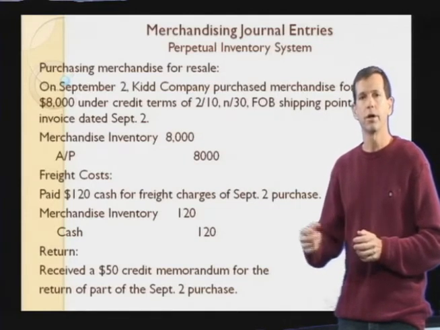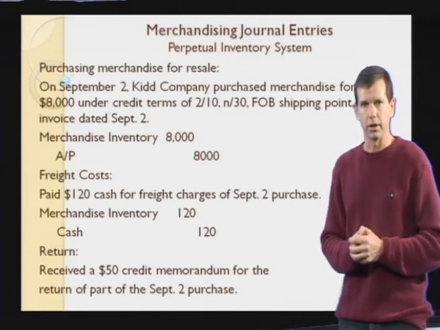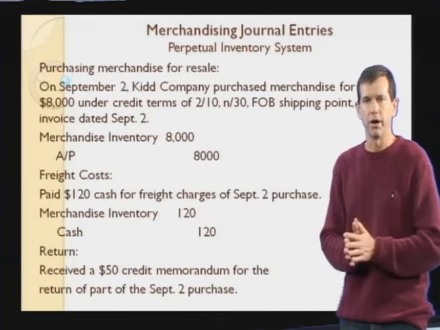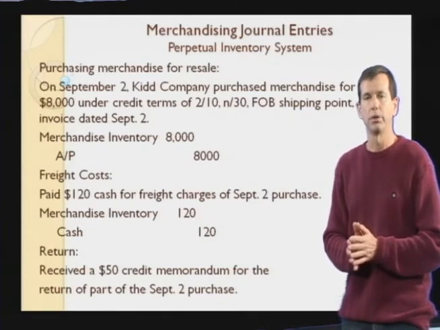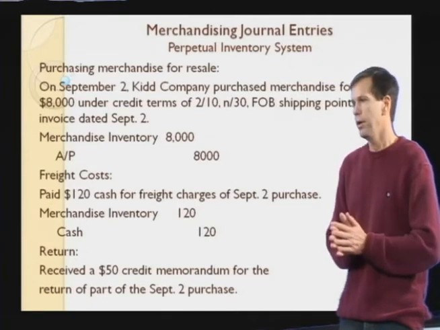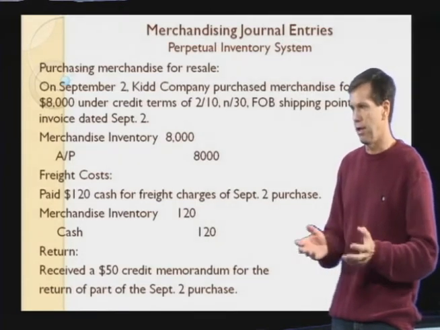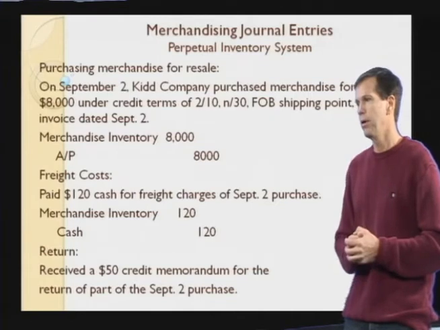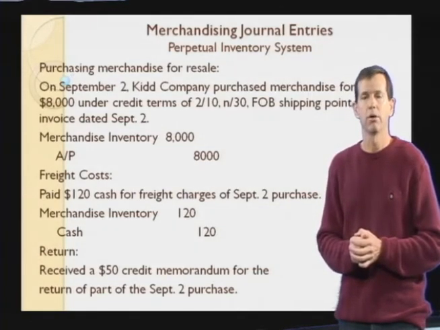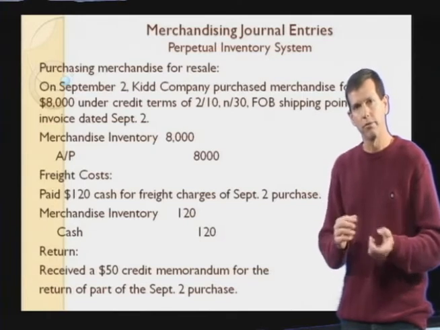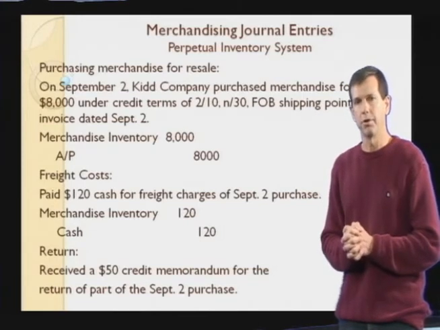We are returning $50 worth of goods. Apparently we got something wrong with $50 worth of the merchandise, so we talked to our supplier, and our supplier okayed us to return $50, so we received a $50 credit memorandum for the return of part of the September 2nd purchase.